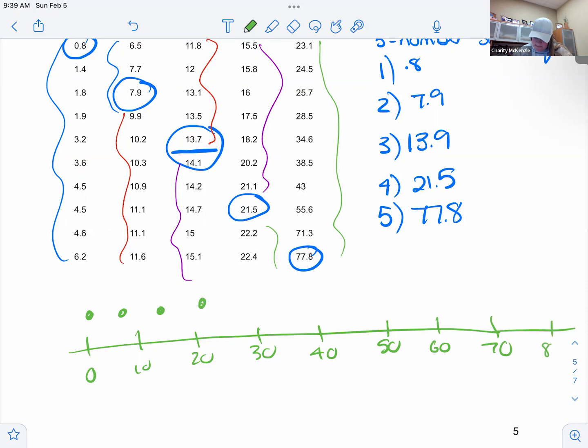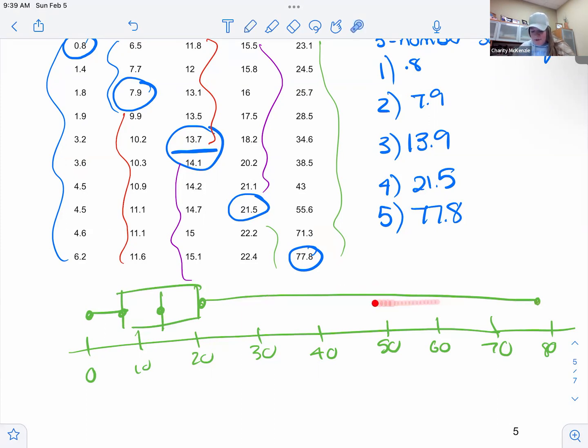I didn't even go high enough. 80 is about here. So the middle 3 make a box, and they go out to the ends like this. If we made it by hand, it might look like this. We can see that this data is way more spread out. And I can see these 70s are way bigger than the other values, and maybe even the 55. So this is a common box plot, not a modified one.